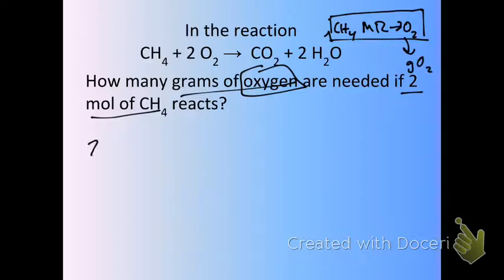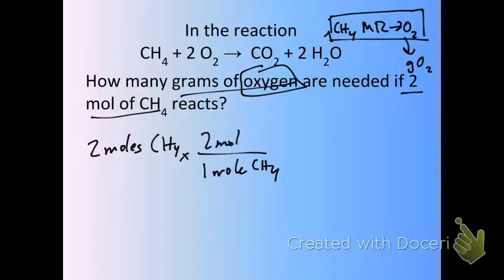All right, so I got 2 moles of CH4 times, now let's look at the molar ratio. Molar ratio of oxygen to CH4 is 2, right? So for every 1 mole of CH4, I need 2 moles of O2, right? 2 to 1. All right, so now if I cross cancel, I have moles of O2, but I want grams of O2.